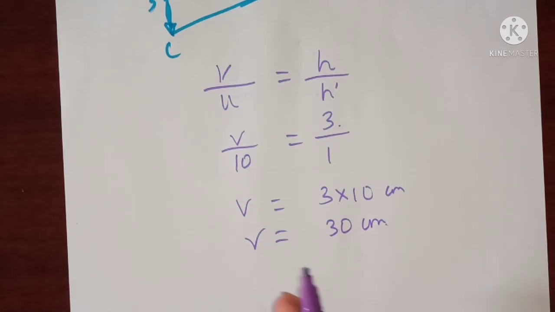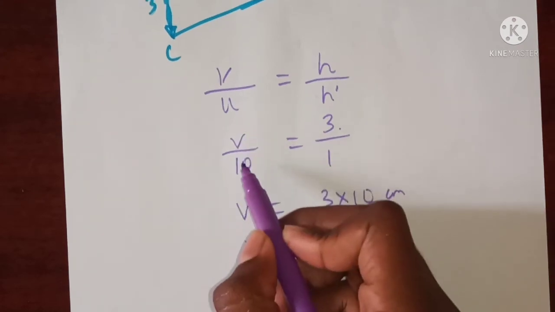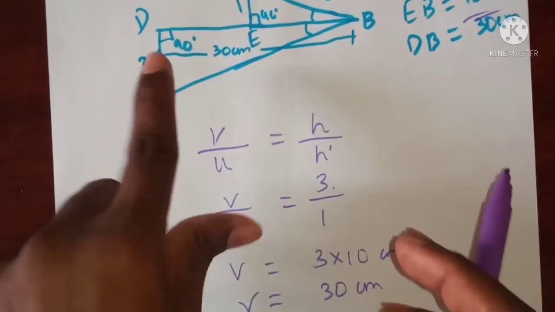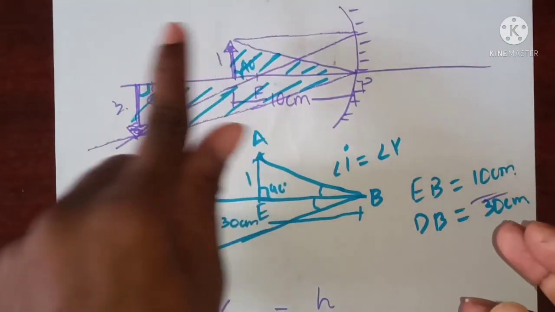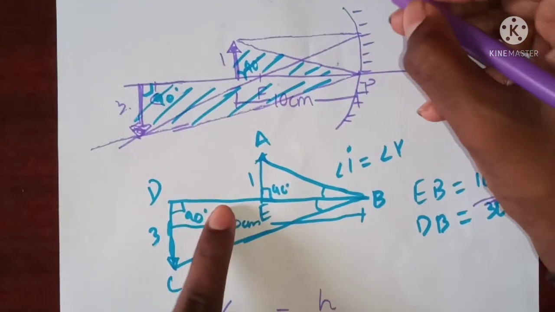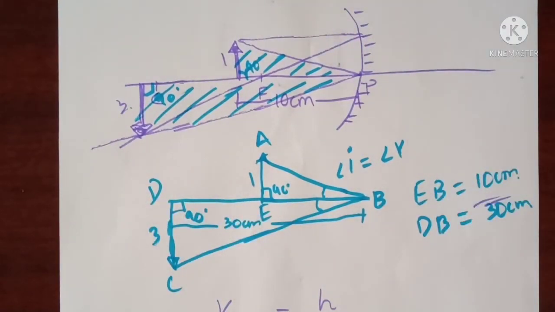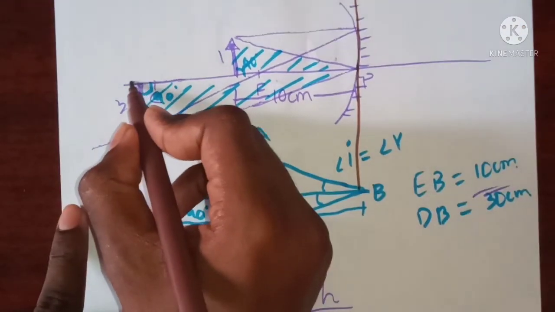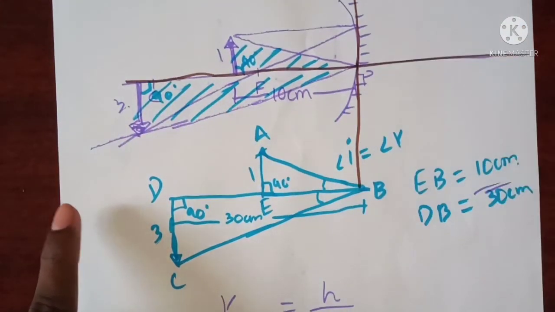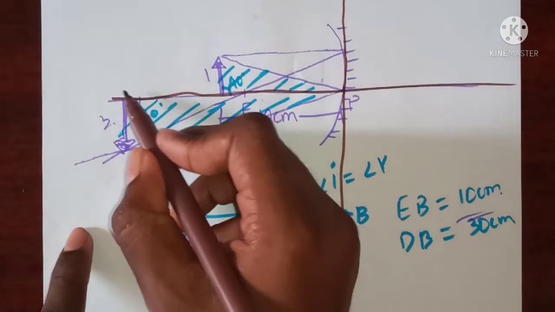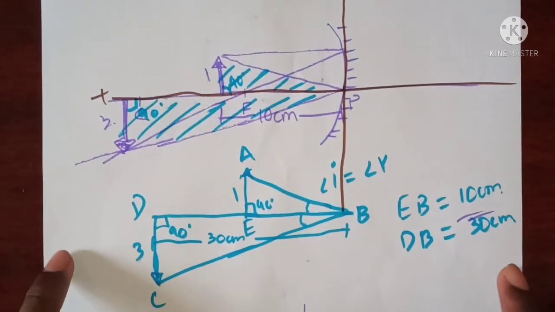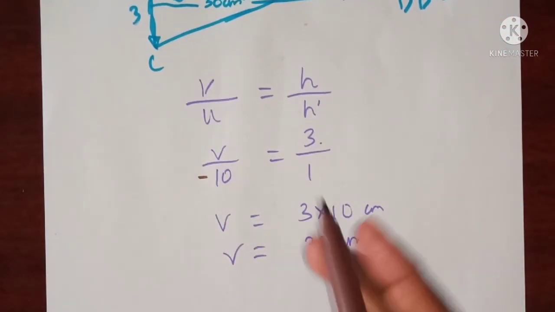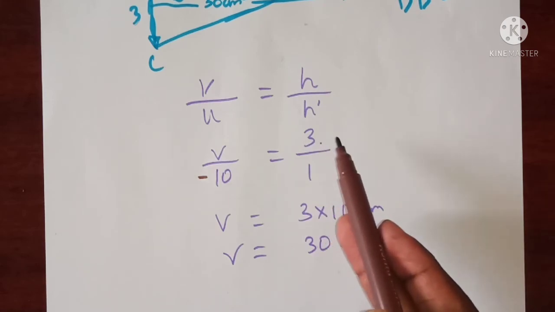No, it is minus 30 centimeter, because this 10 is not an ordinary 10, because the object distance is on the left side. The object is kept on the left side of the mirror when we draw a graph like this. This is the left side of the mirror, that means the object distance is negative. So we should substitute minus 10 over here. The image distance is positive, the image size is positive.